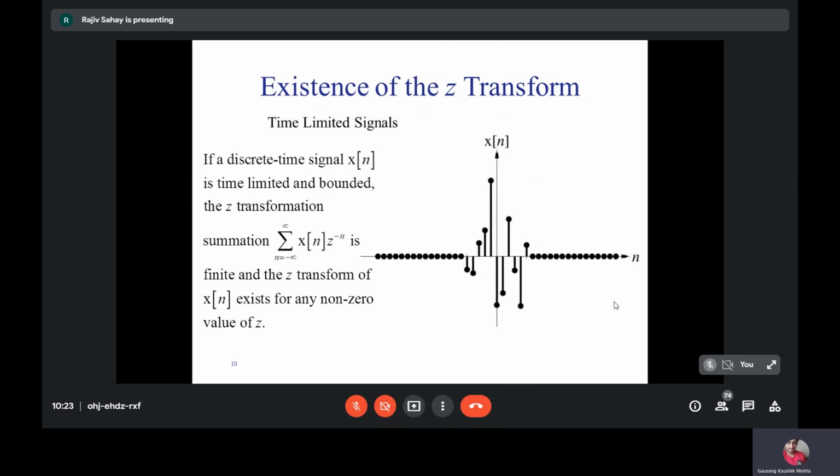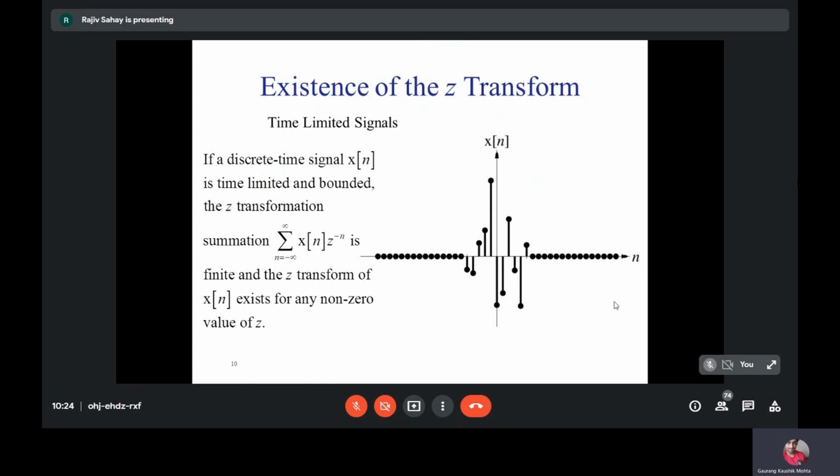And then we'll come to unilateral Z transforms for solving difference equations. And the last part of the topic would be how to interpret the frequency response of a system by looking at poles and zeros of the transfer function. So if you introduce a pole or a zero, what impact does it have on the frequency response?